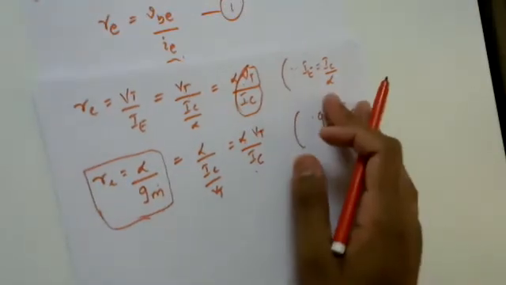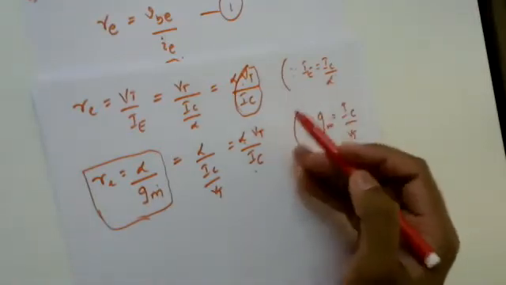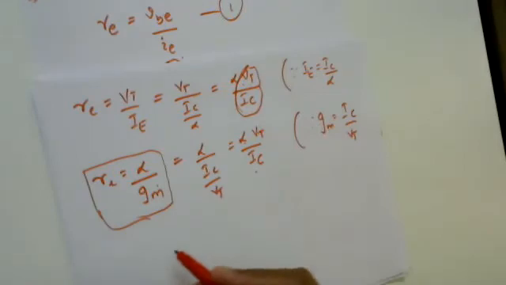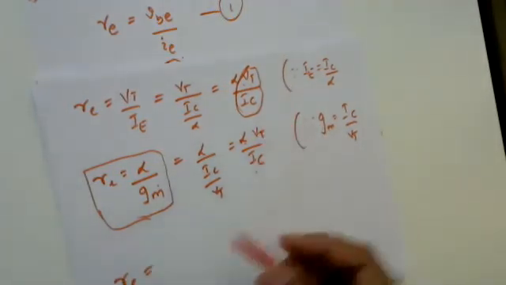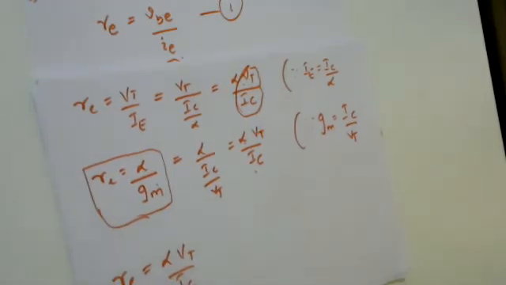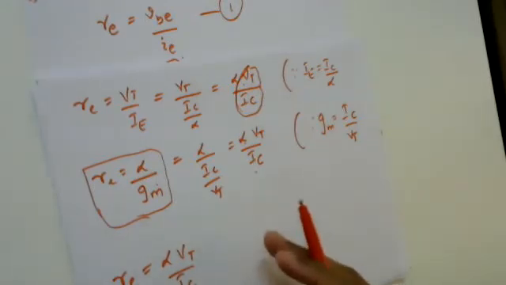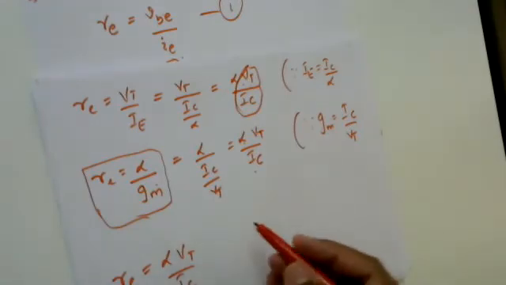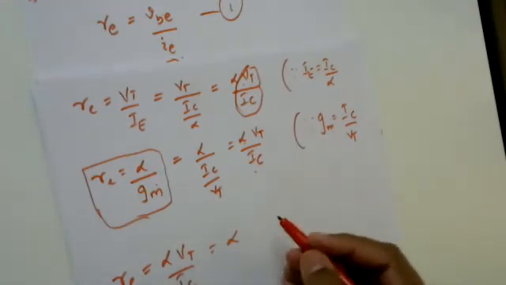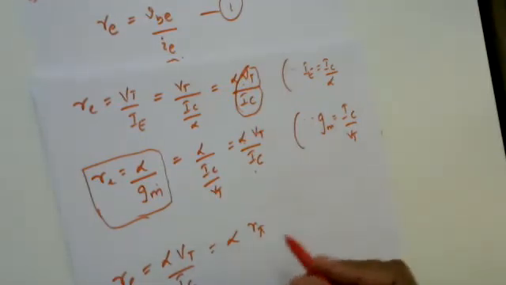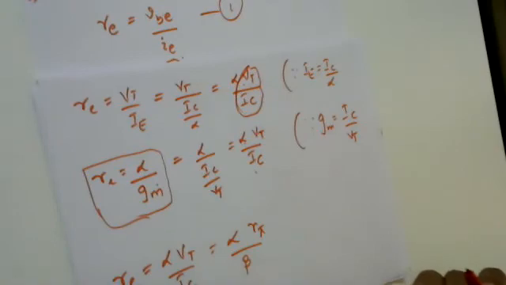Now I can write this equation as RE is equal to alpha into VT divided by IC. This expression I can write as alpha times r pi divided by beta.